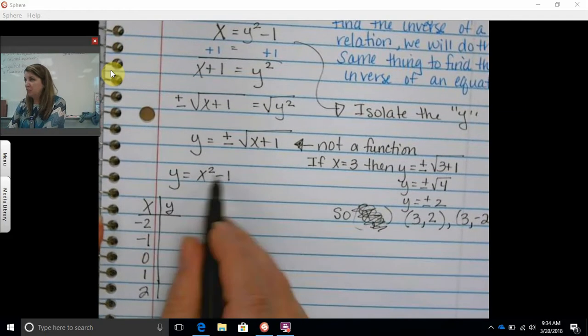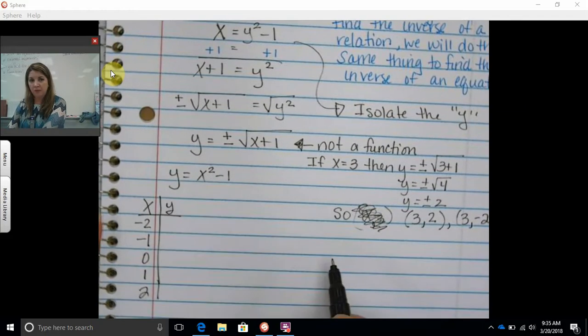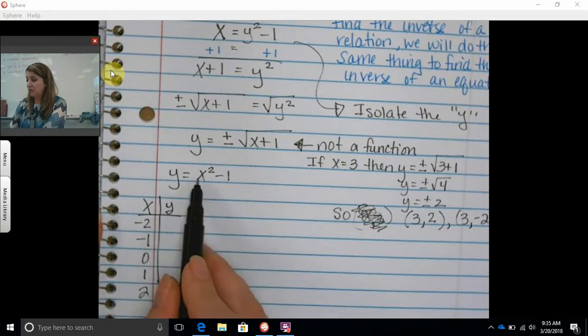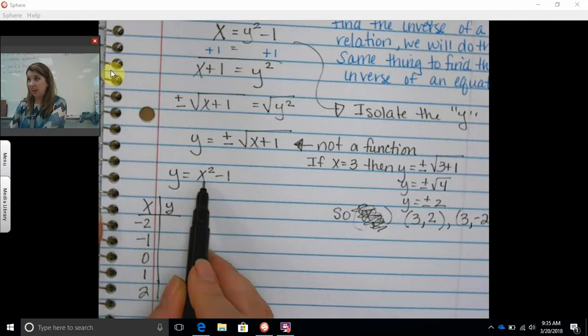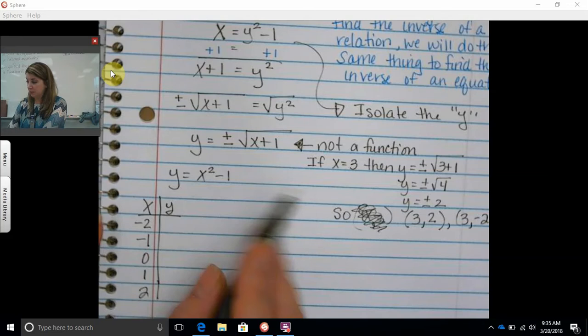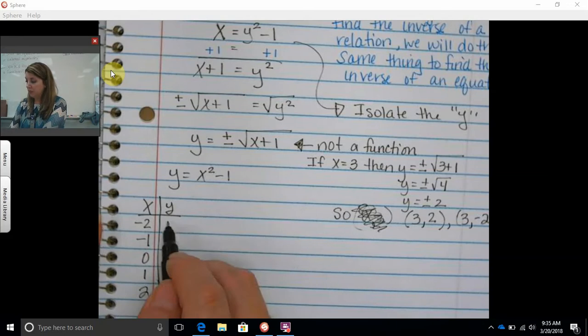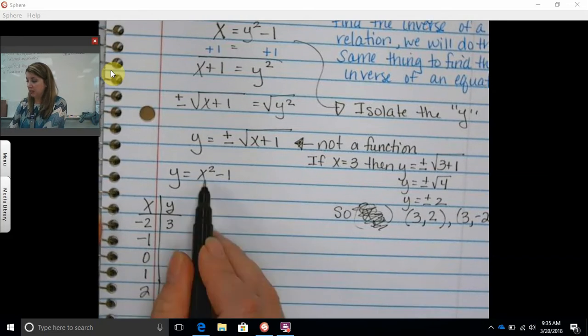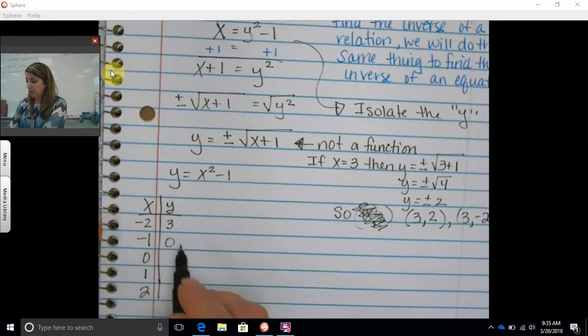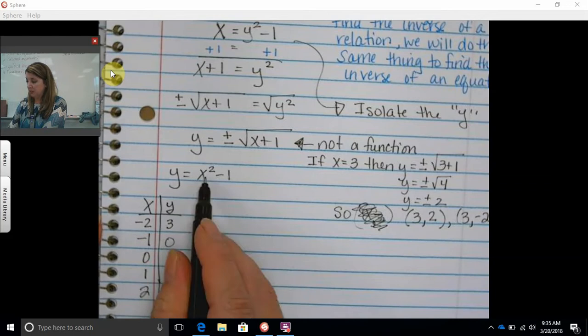Since this is kind of easy, I'm just going to do it in my head. If I substitute in negative 2, what's negative 2 quantity squared? 4. And it's positive. 4 minus 1 is 3. What's negative 1 quantity squared? 1. 1 minus 1 is 0. Let's plug in a 0. 0 squared is 0, minus 1?